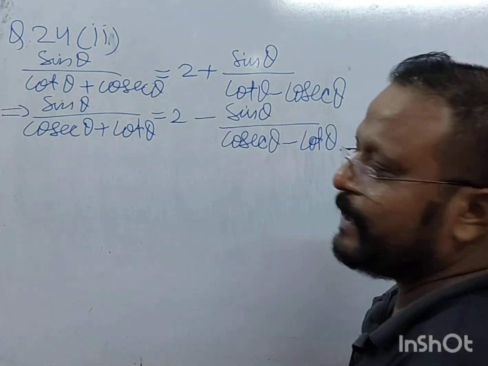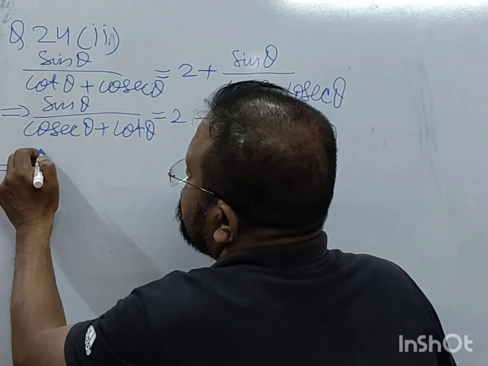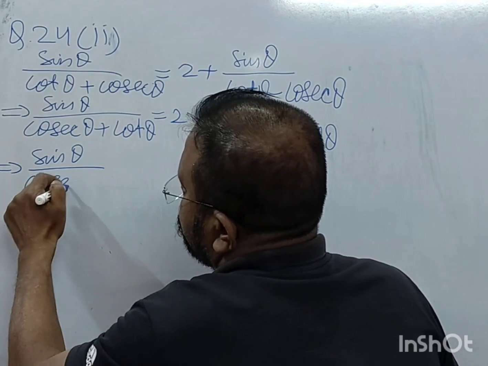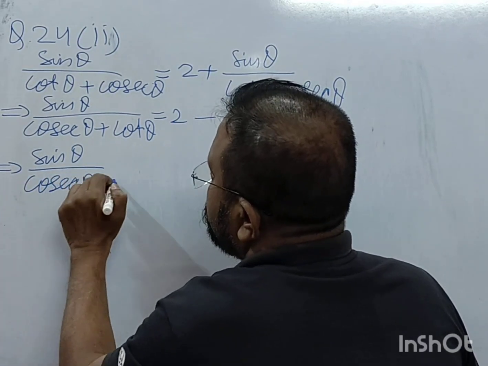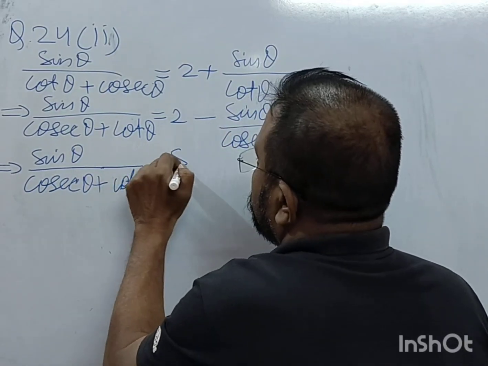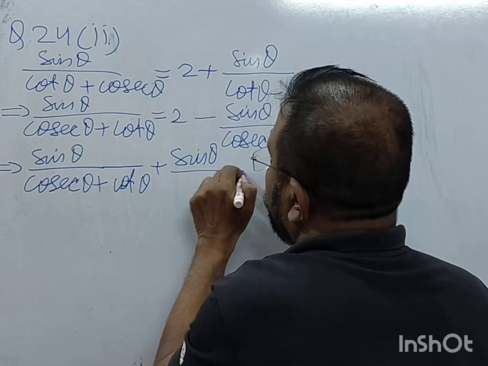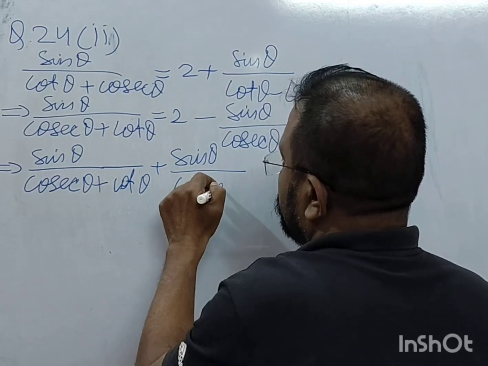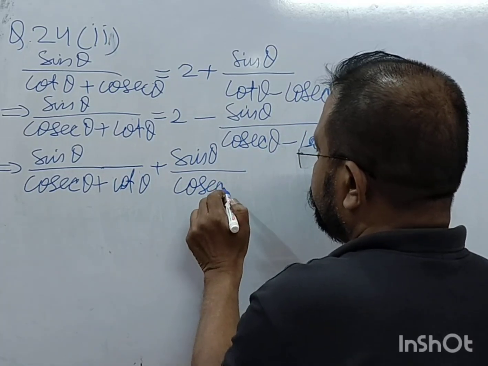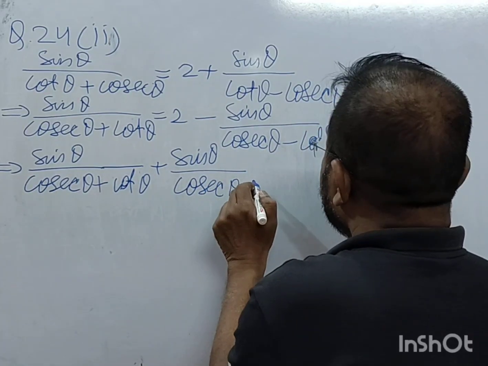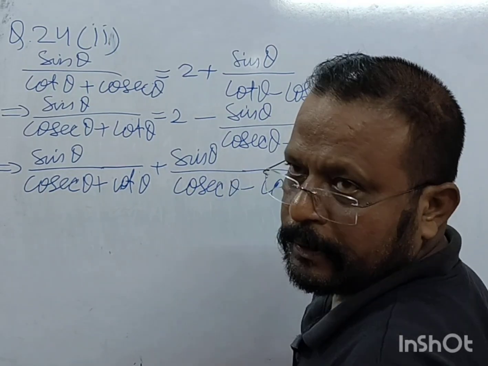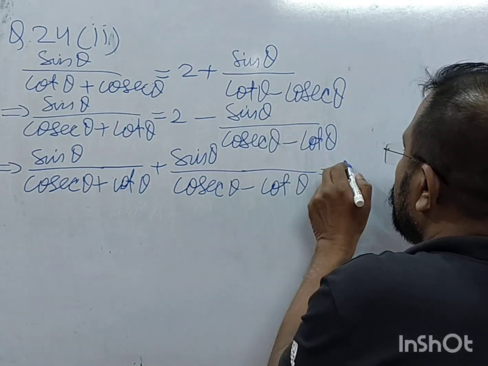You bring the whole thing on this side, so you get sin theta upon cosec theta plus cot theta plus sin theta upon cosec theta minus cot theta is equal to 2.